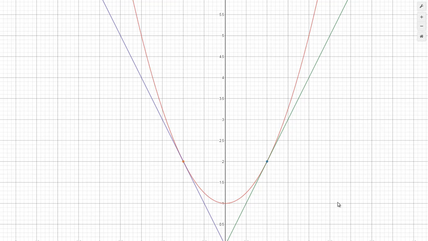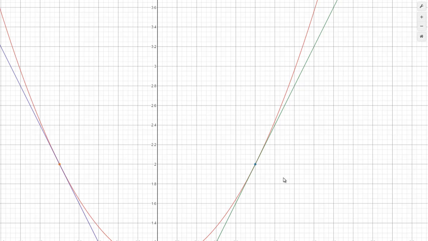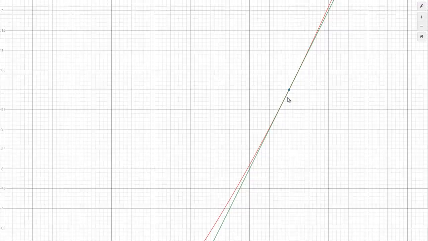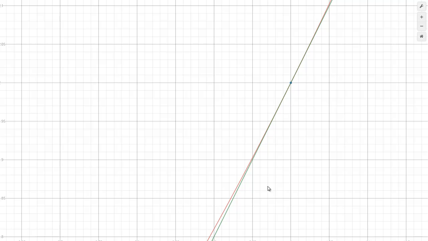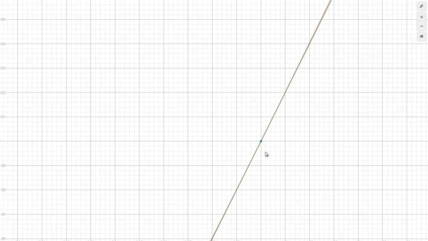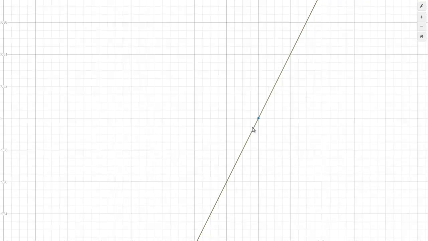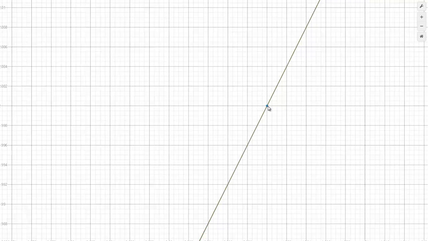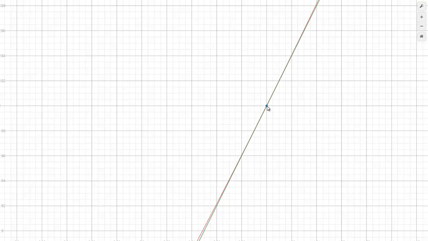Again, the tangent line, let's just imagine zooming in. If we could zoom in further and further, we are so close here. Now this is even having trouble rendering it because it looks like they're meeting at many, many points, but they're only touching at one point.